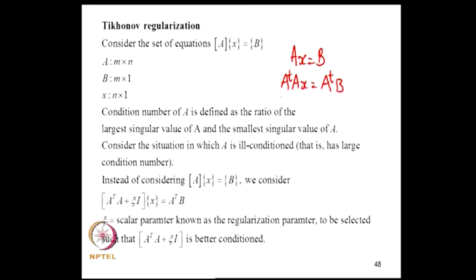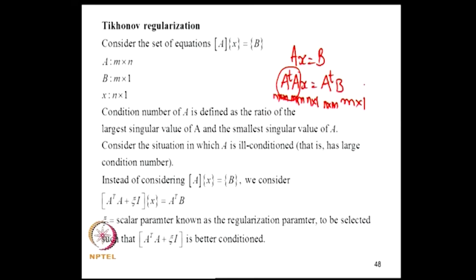So, this is n cross m, this is m cross n, this is n cross 1, and this is m cross 1, and A transpose is n cross m. So, I get an n cross 1 equation, and I can invert this matrix and find x.